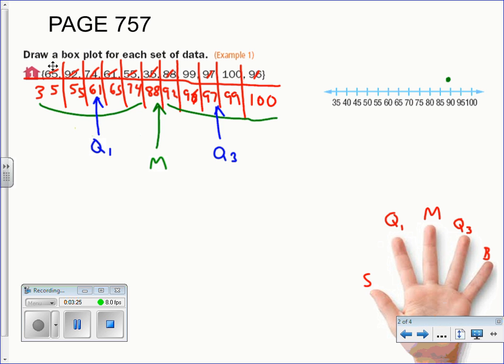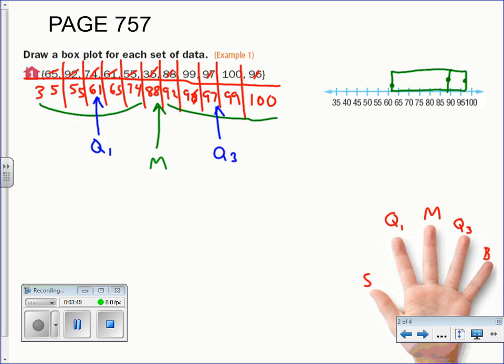So I put another dot for quartile 3 at 97, a little bit past 95. I put another dot at quartile 1, 61, close to 60. Now there's my box. All right, there's my box, a line for the median.